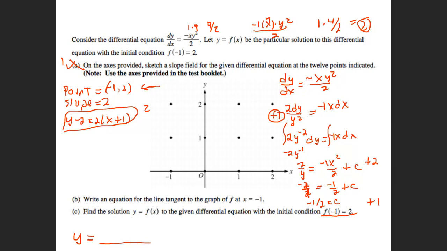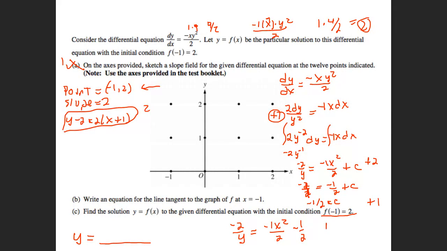So now what do I have? I have -2 over y is equal to, what do I have here? -1 x squared over 2 minus 1/2. I'm going to multiply through by -2 now. And the reason I'm doing that is because that'll give me 1.